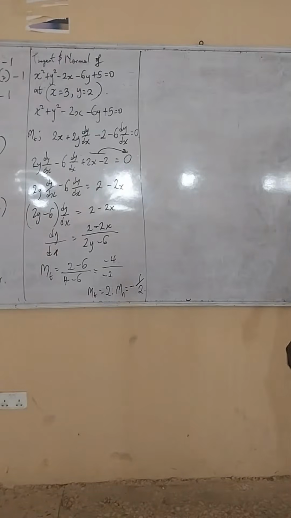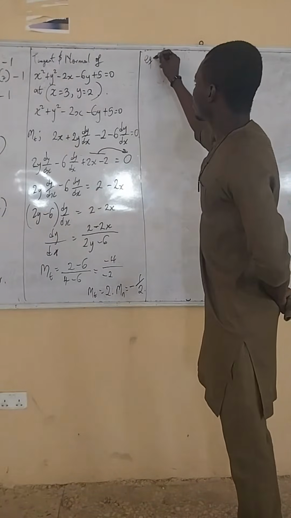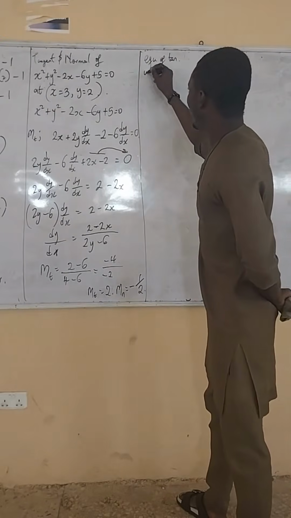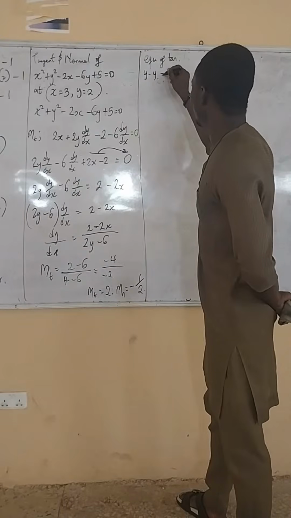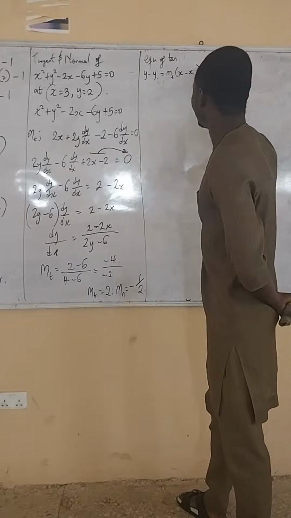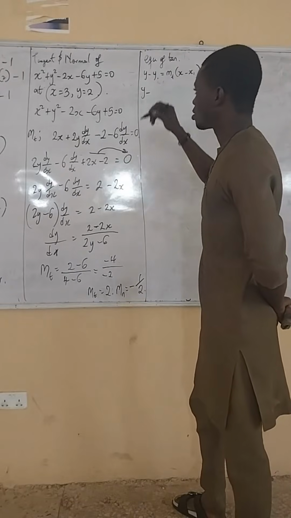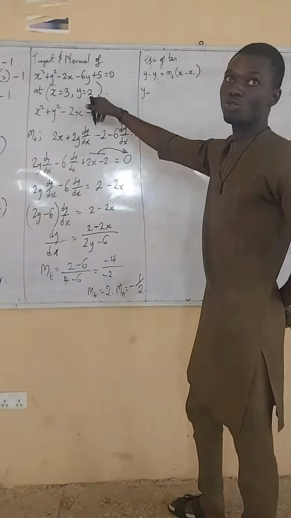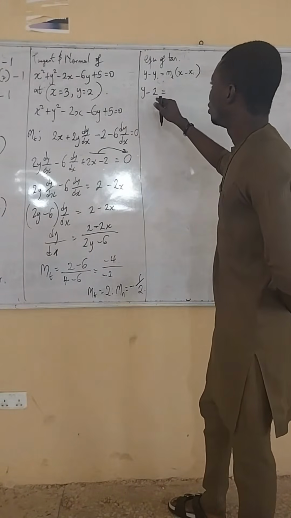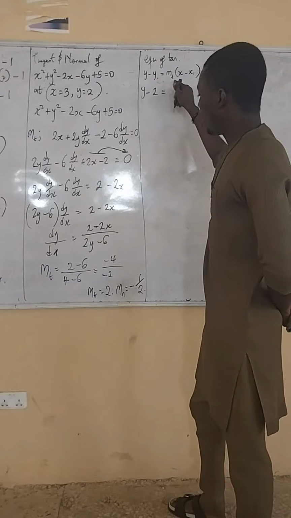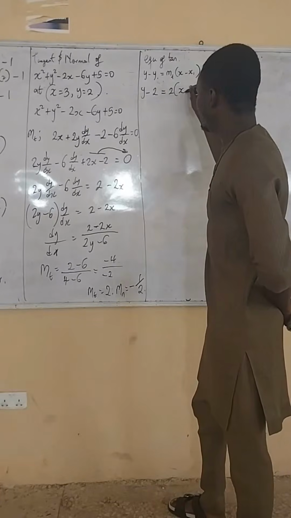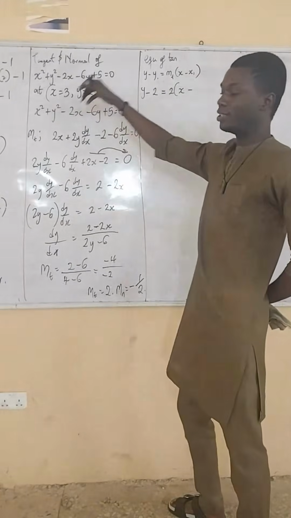Now the equation of the tangent. That's y minus y1 equals mt into x minus x1. Now we have y minus y1, which is given from the question as 2. So y minus 2 equals, our mt is 2, 2 into x minus x1, which is 3.